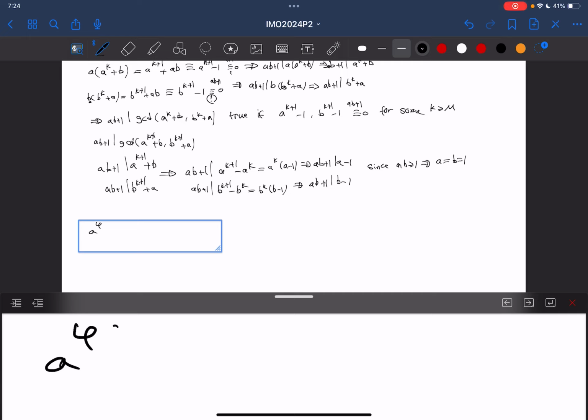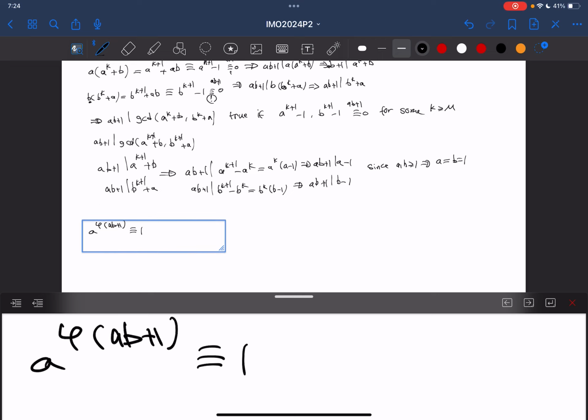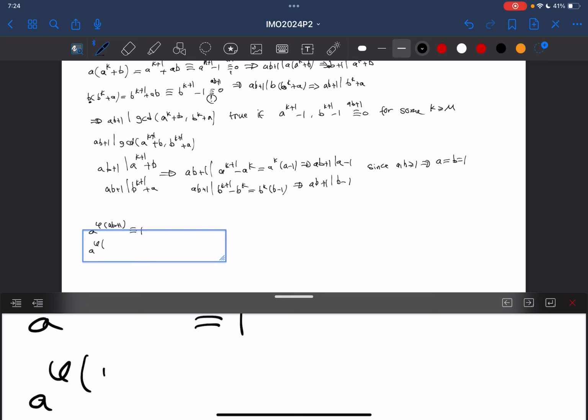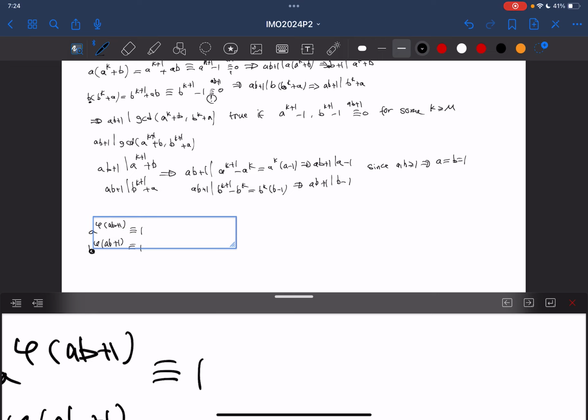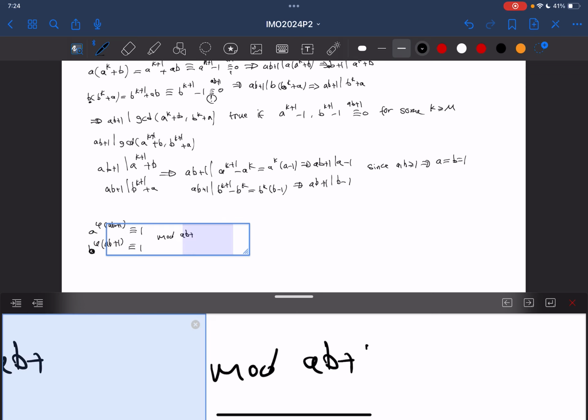I have phi of ab plus 1, and I have a to the power of phi of ab plus 1, sorry, this should be b, equal to 1 mod, both of them mod ab plus 1. Right? This is just Euler's theorem.